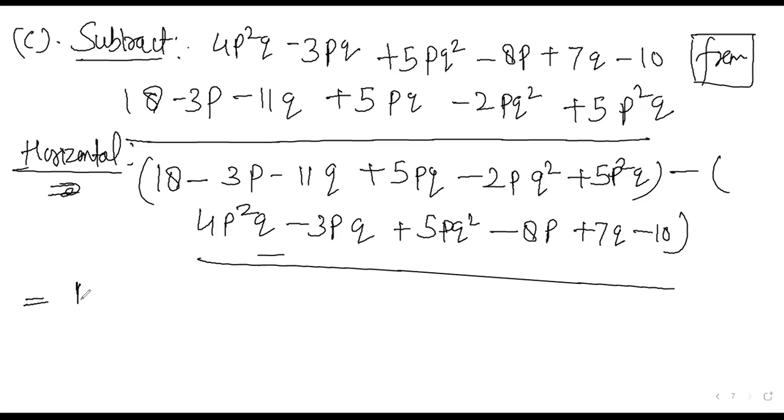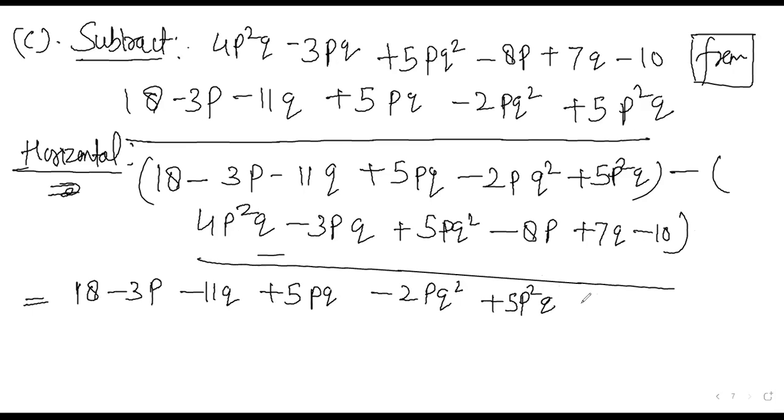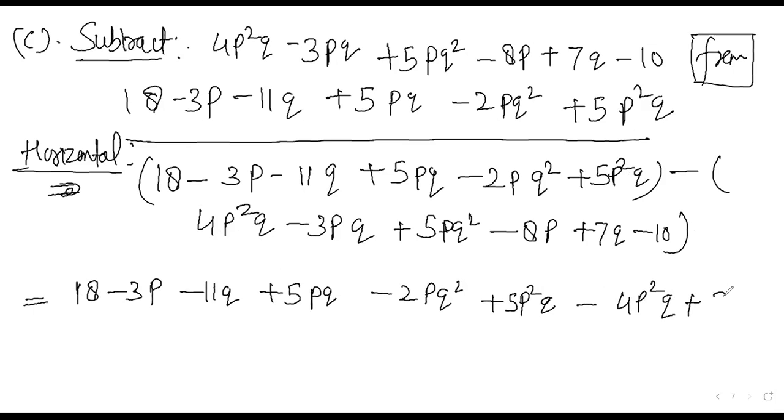Look, this is a minus sign. If you open the bracket, the sign of all the terms will be changed. So minus 4p square q plus 3pq minus 5pq square plus 8p minus 7q plus 10.